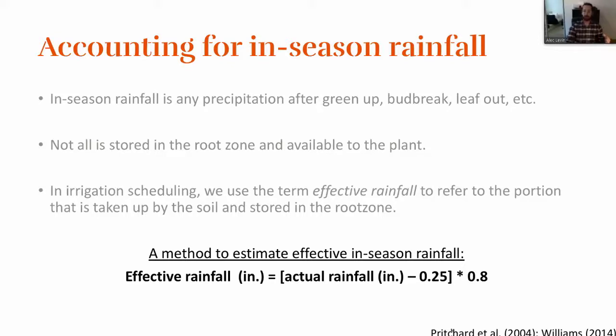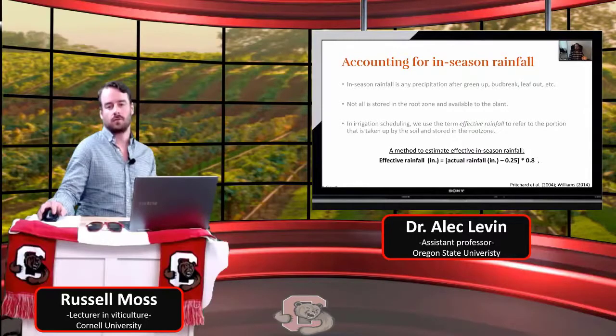Basically what we're saying is there's an actual amount of rainfall, and the first quarter inch we're discounting; the first quarter inch isn't made available to the plant. And then of that remainder, 80% is available to the plant. This is just from the published literature.